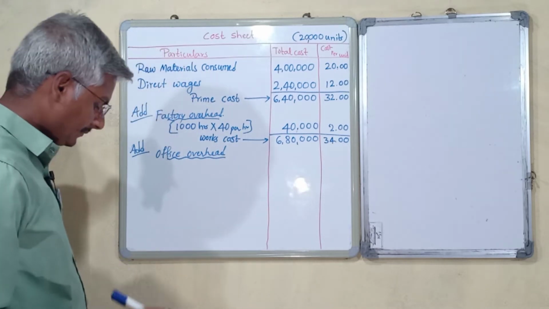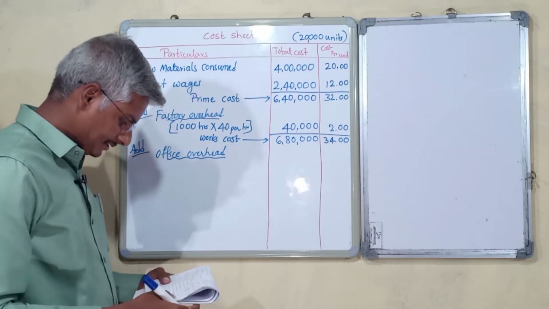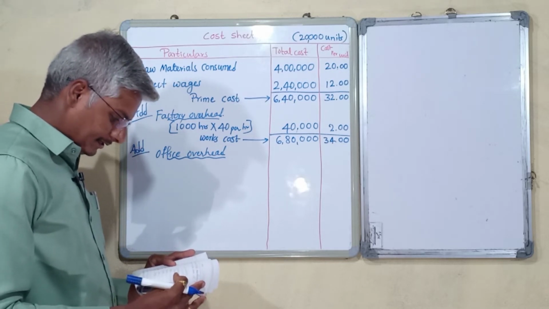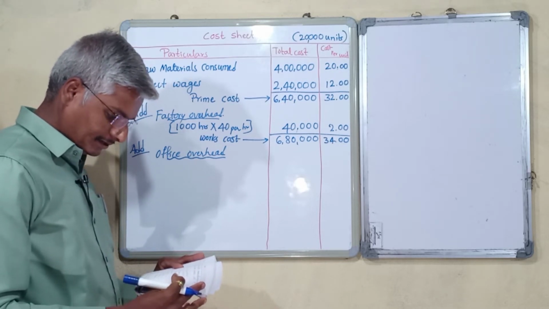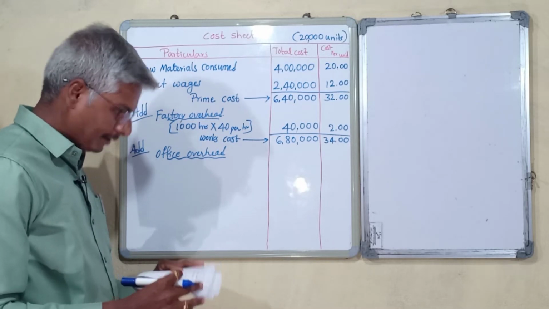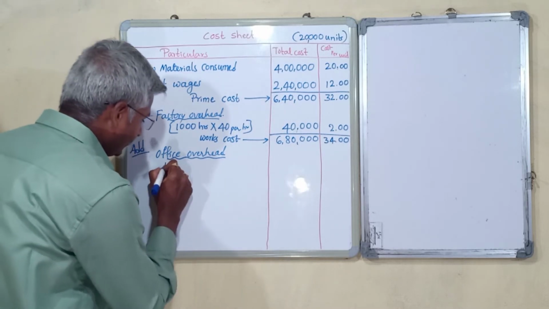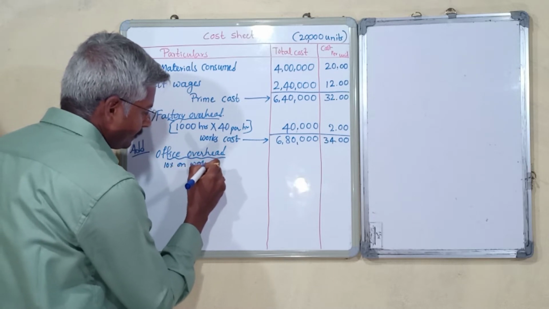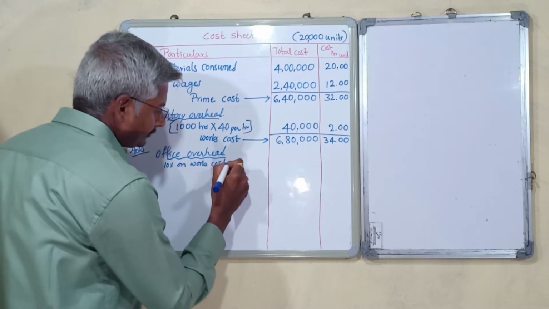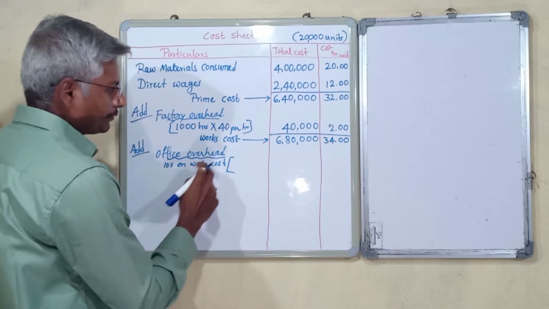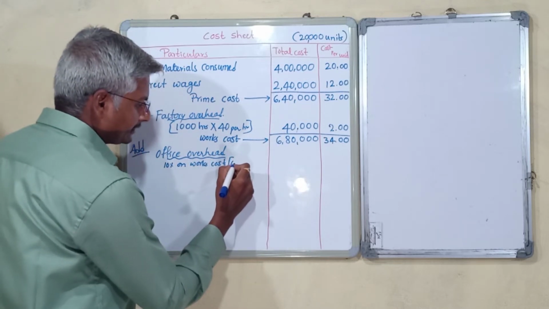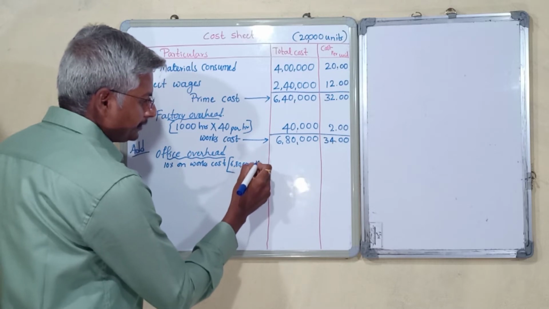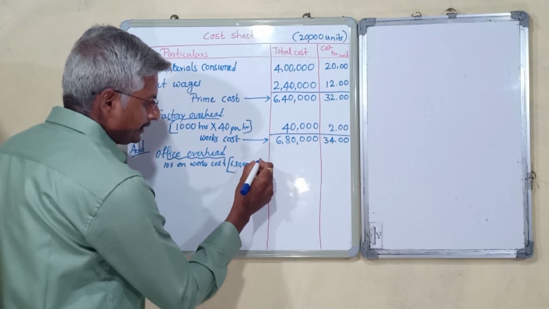Here for office overhead they have mentioned that it is charged 10% on works cost. So 10% on works cost, that is our works cost is 6 lakhs 80,000 into 10%, that is 10 divided by 100.